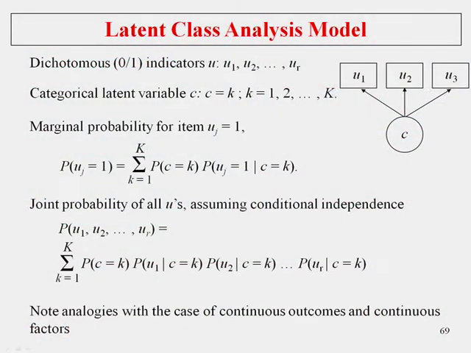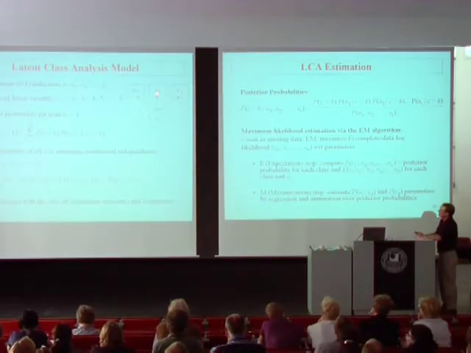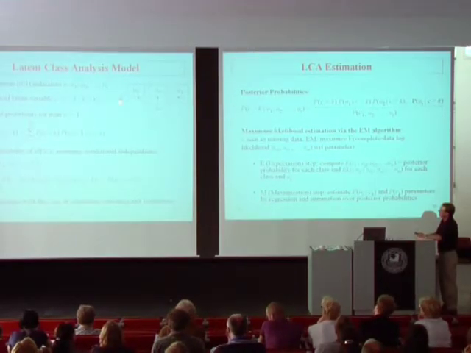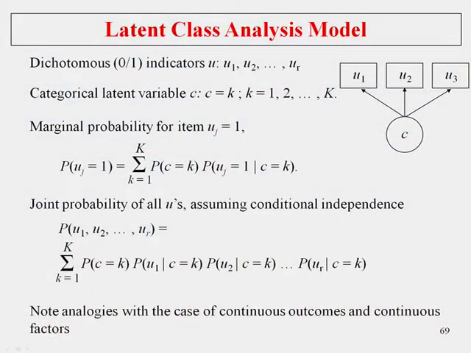So if we start on your left screen, we have a generic situation here with 3 dichotomous items and a categorical latent variable with k classes. And first of all, we're interested in, say, the probability for a certain item, one of the 3 items. And that is then written in this formula. And again, you can just think of it as having 2 parts.